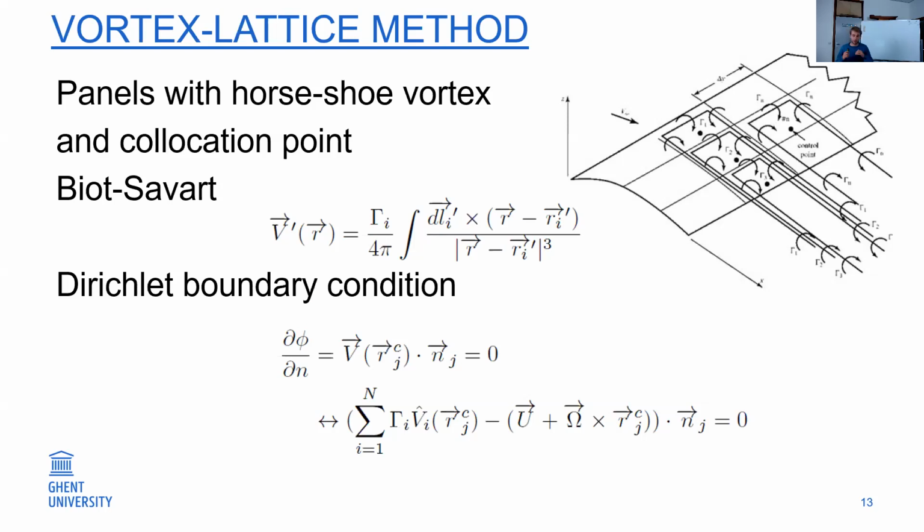This way, the panel is said to be impermeable, and therefore we get a closed system. This is what is used in the typical codes used for airplanes, but this is not enough for a hydrofoil craft because we also need to include the free surface.